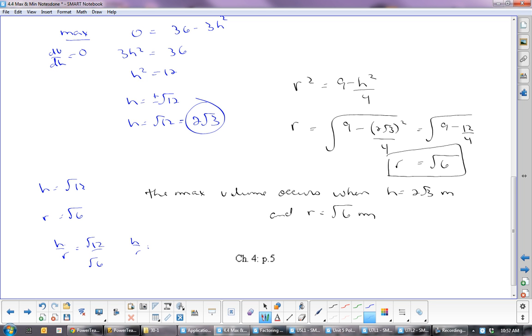H over r would equal root 2. I'd probably test 2 or 3 before I made that assumption. Yeah, so I'd test a couple.